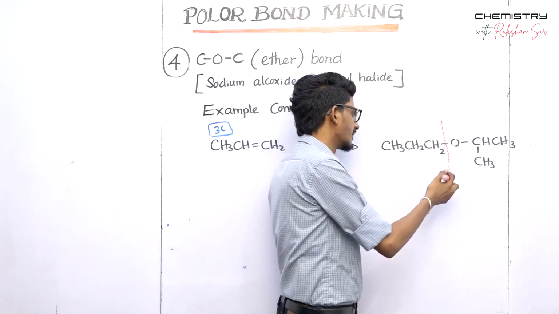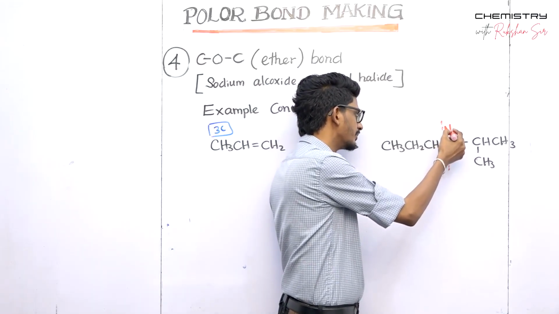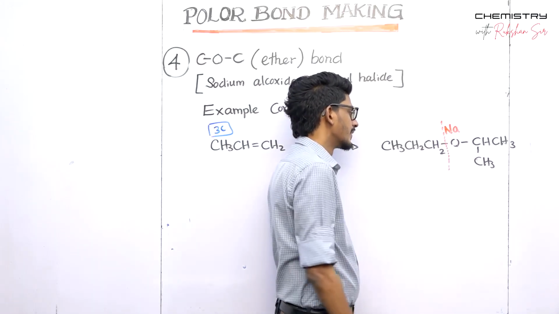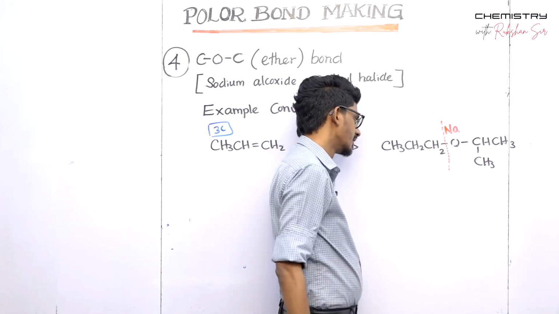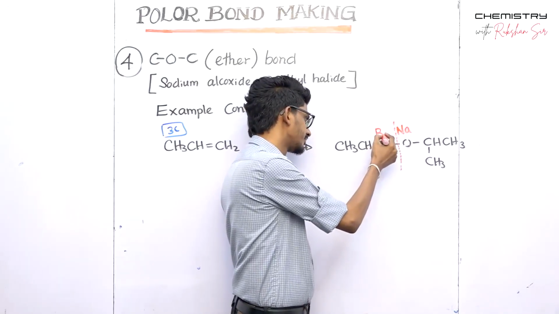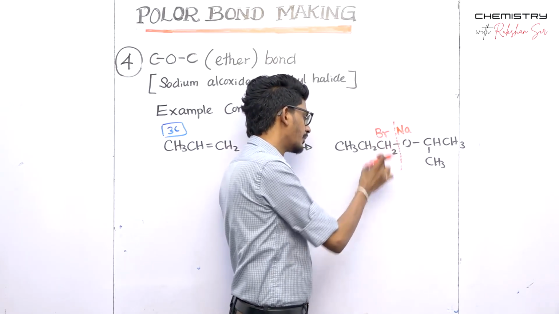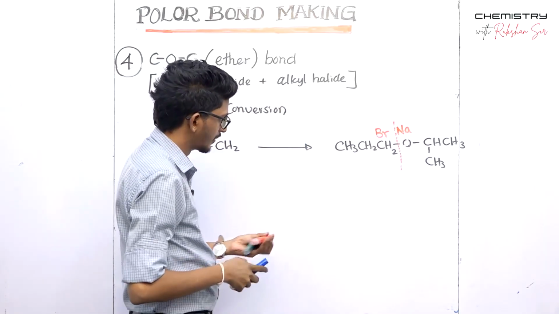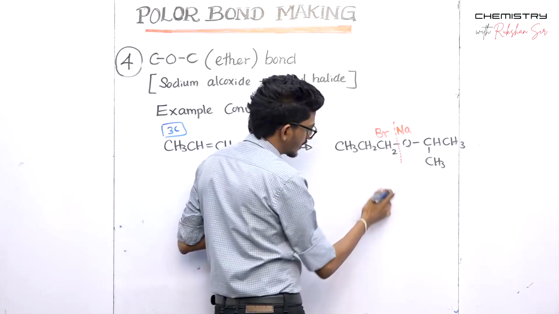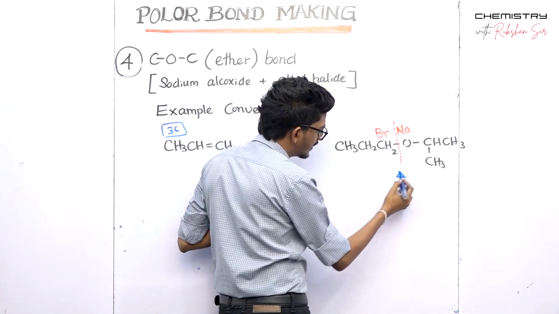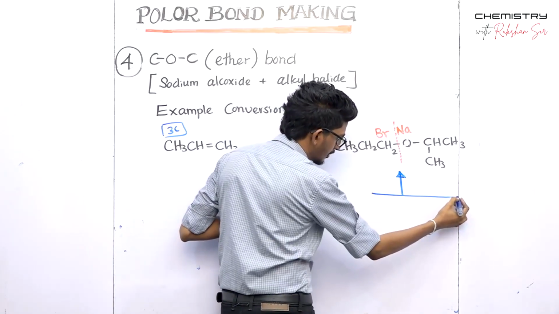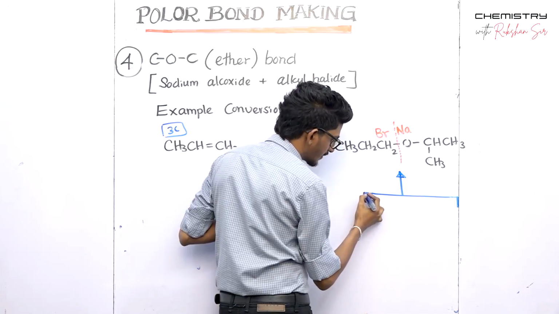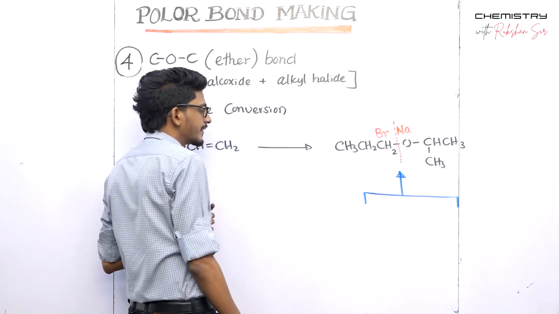So put the Na plus, the sodium, with the oxygen terminal and put the Br with the carbon terminal. Then you will come up with the 2 immediate compounds responsible for making this ether bond.